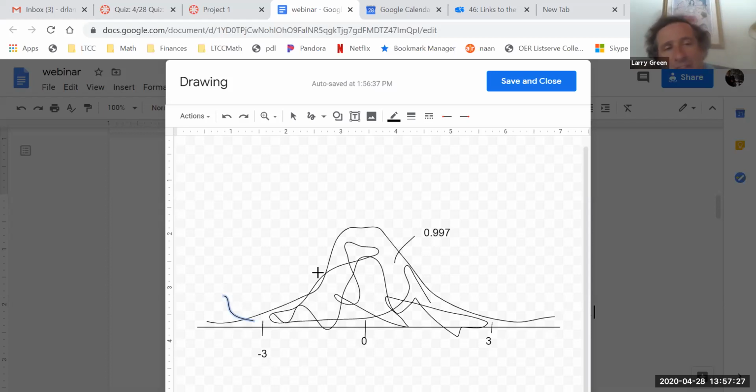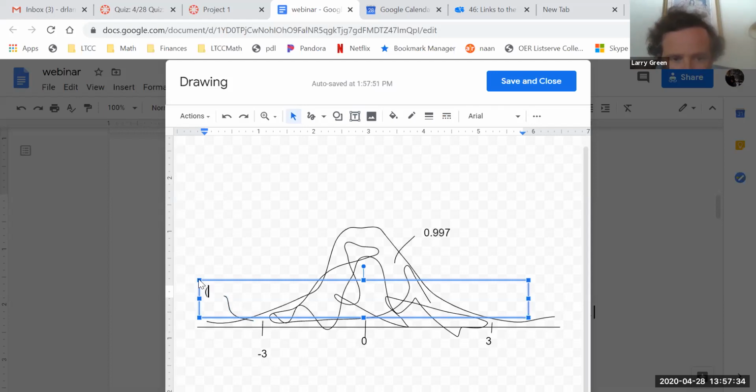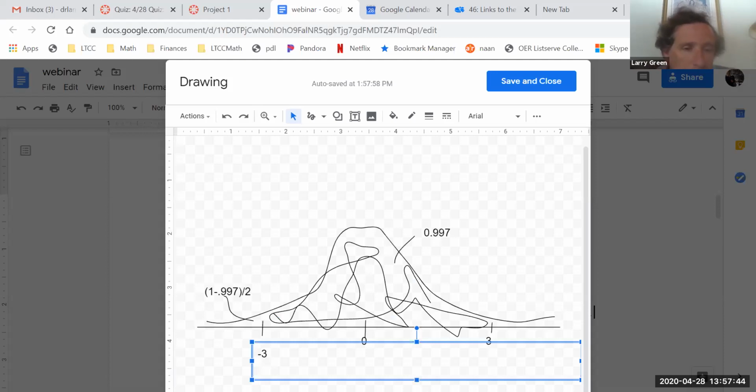Now we just want left, so we divide it by 2. So that is going to be 1 minus 0.997 divided by 2. Any questions so far? All right.